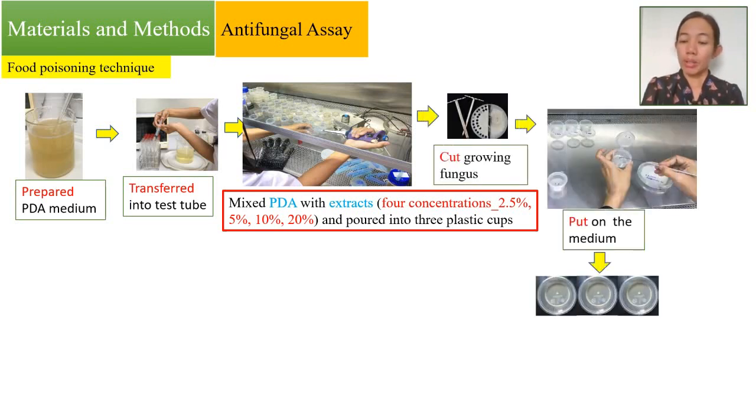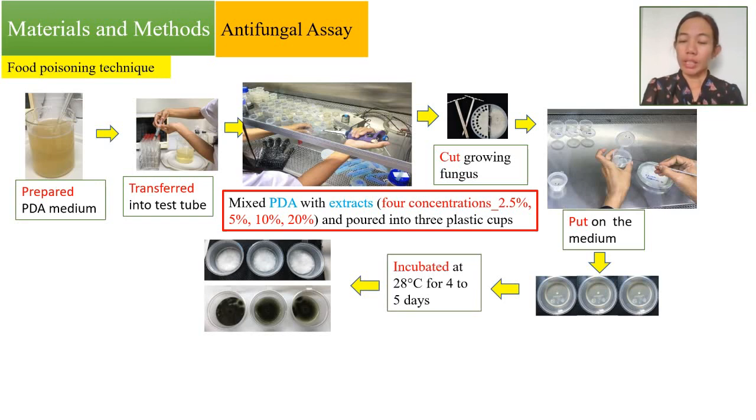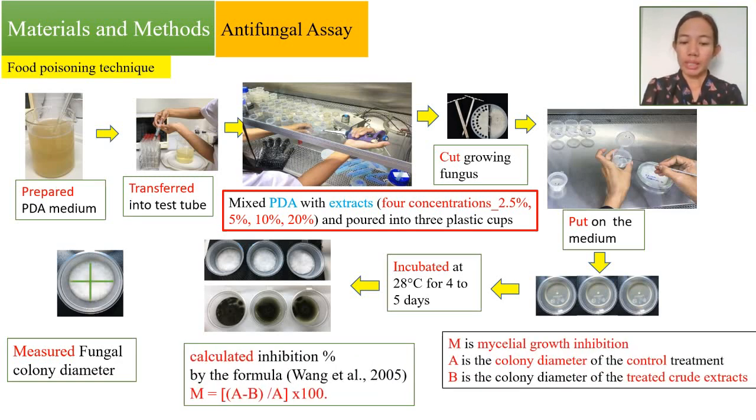Then a piece of Fusarium saccharia and Curvularia lunata was cut by a sterilized cork borer and placed in the center of the plate above the PDA media and incubated at 28 degrees centigrade for 4 to 5 days. When the mycelium growth of the fungi in the control treatment reached full growth, the diameter of the fungal colony from all treatments was measured diagonally and percent inhibition was calculated.